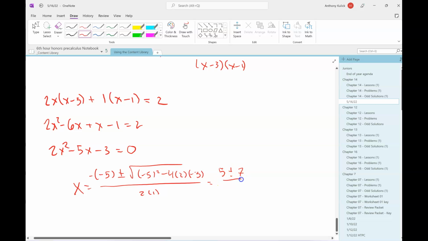Square root of 49 is 7. 5 plus 7 is 12 divided by 2 is 6. And then 5 minus 7 is negative 2 divided by... Oh, shoot. That's a 2 times 2. That's a 4 down there. Good gravy, Mr. Kulik. I know, guys. I know.